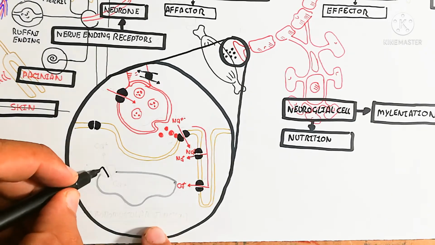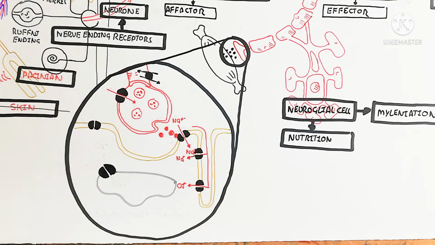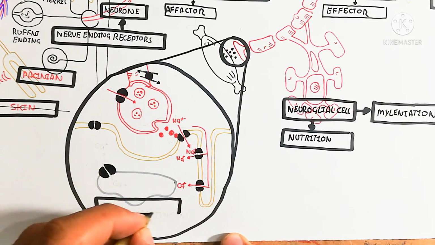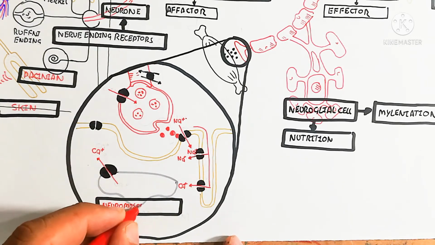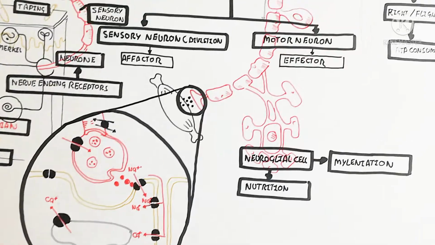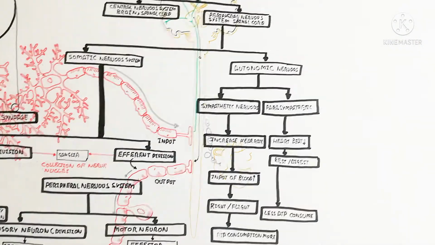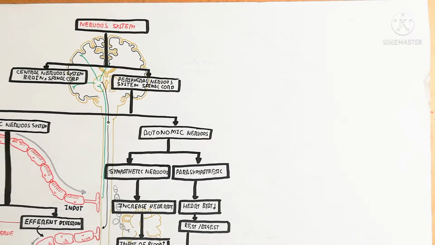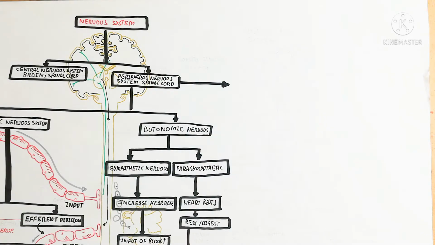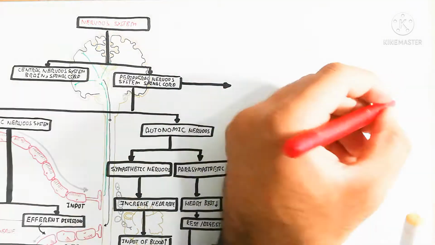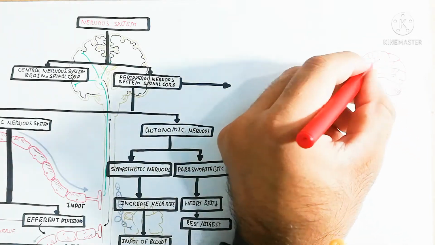So this is the T-tubule, and this T-tubule will stimulate calcium to move inside through a calcium channel, basically to stimulate the sarcoplasmic reticulum to efflux calcium into the cytoplasm or sarcoplasm to bind with the troponin for contraction of the muscle. So this is the effector, while the receptor is the sensory. So this was the peripheral nervous system, that is the mechanism.